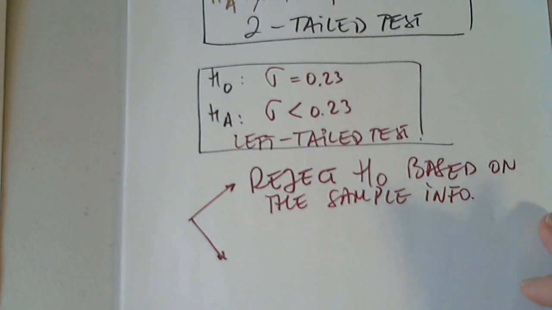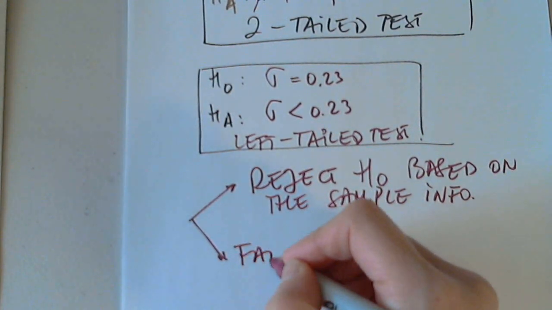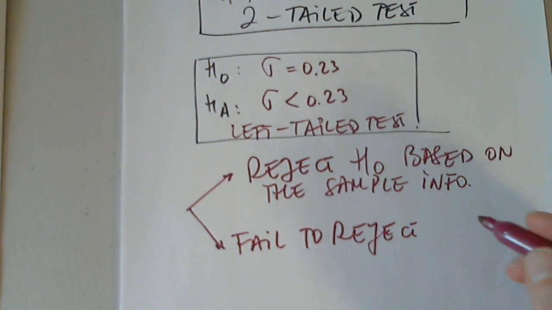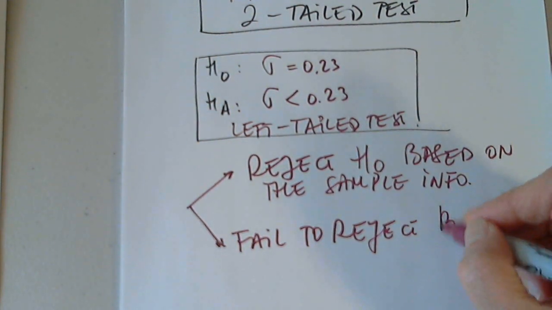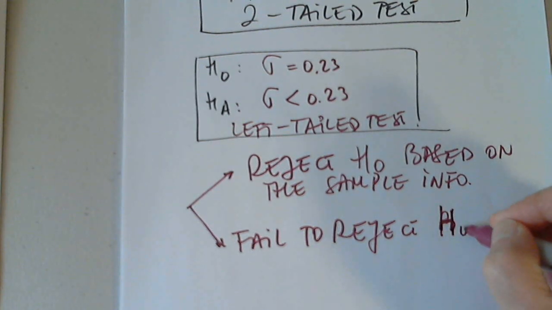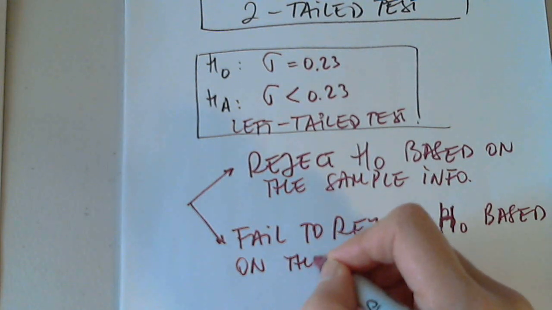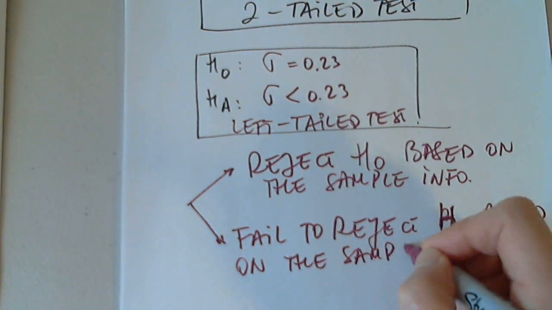What is the other possibility? Fail to reject the null hypothesis, of course, based on the sample info.